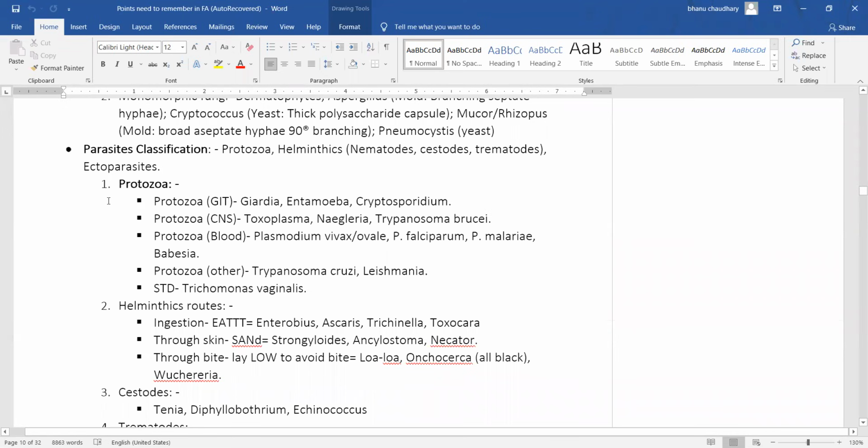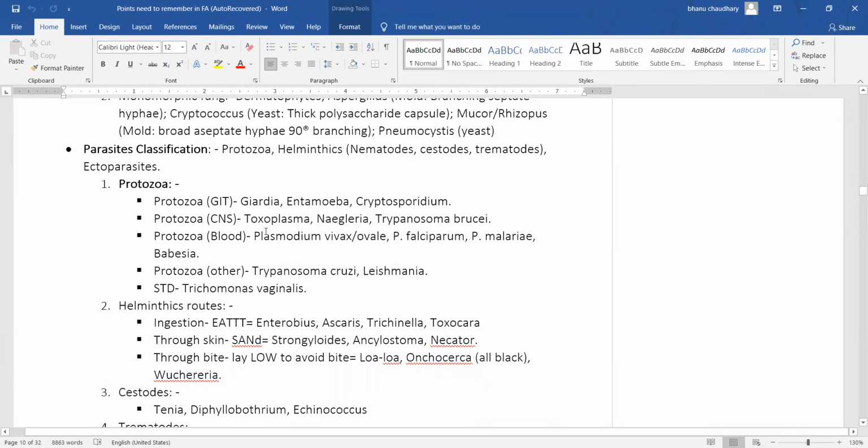So protozoas can be differentiated into protozoas that affect your GIT, that includes Giardia, amoeba, or Cryptosporidium. Then the protozoas that affect the central nervous system, that includes Toxoplasma, Naegleria, and Trypanosoma brucei. Then comes the protozoas that affect the bloodstream.